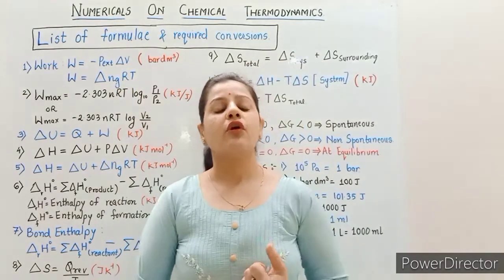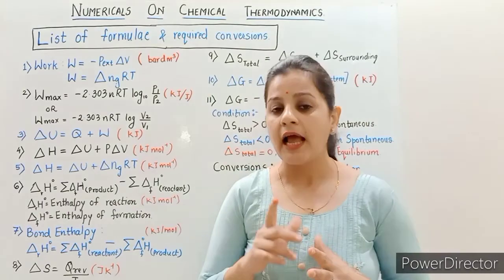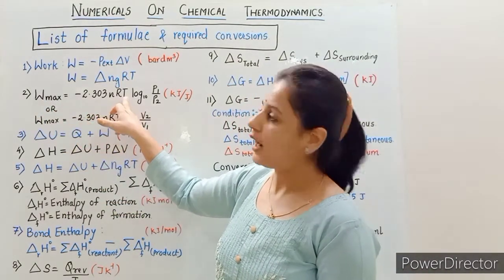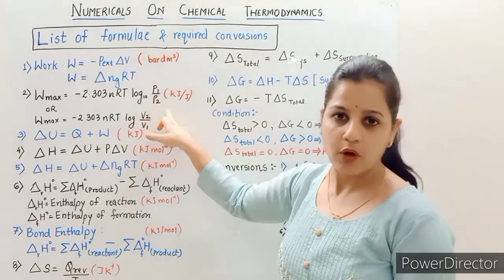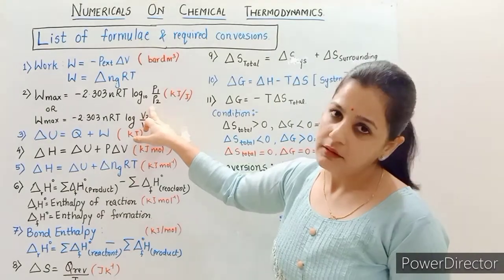Then if the work is isothermal and reversible, the work will be the maximum work done, and in that case W_max is given as -2.303 nRT log10 (P1/P2), where P1 and P2 are the pressures.